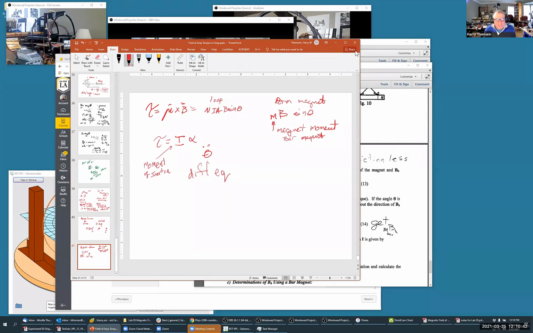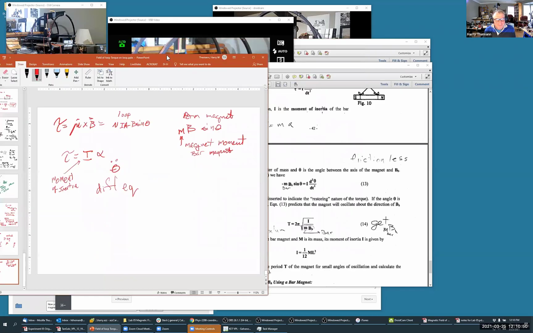So if I have this second order differential equation here, this means that I have I times d squared theta dt squared plus mBh sine of theta. So that's the basic theta.